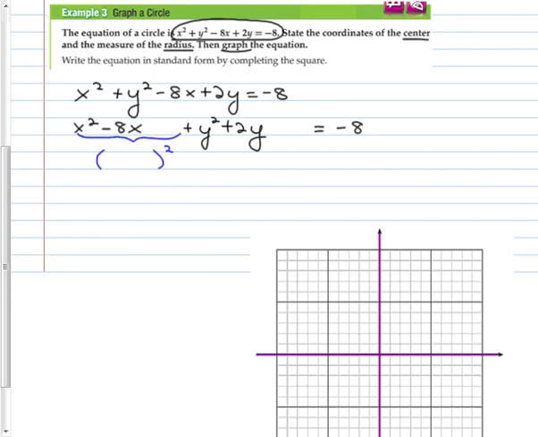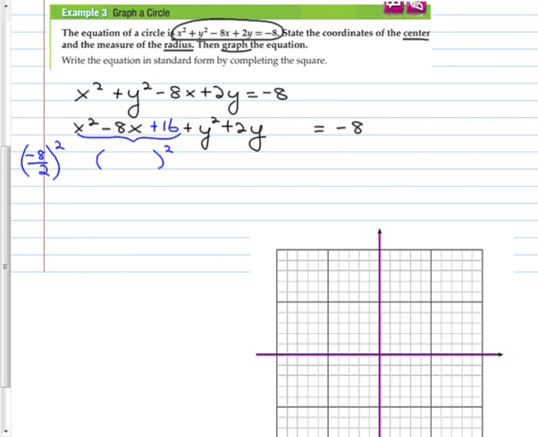We take the b value, the negative 8, we divide it by, ring a bell yet? 2. And then we do what? Perfect. Square it. That's exactly what we do. What's negative 8 divided by 2? Negative 4. Squared? 16. I add 16. That has turned this into a trinomial that's called a perfect square trinomial that will factor as some binomial squared.